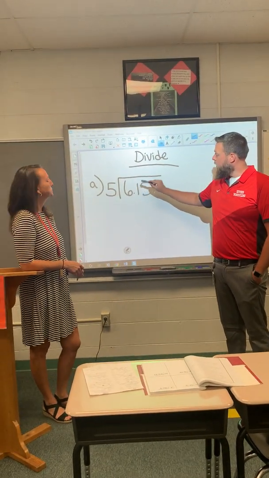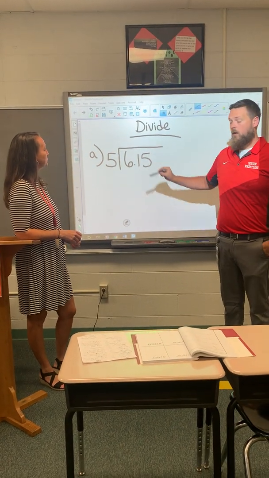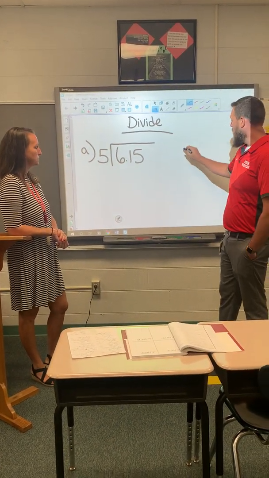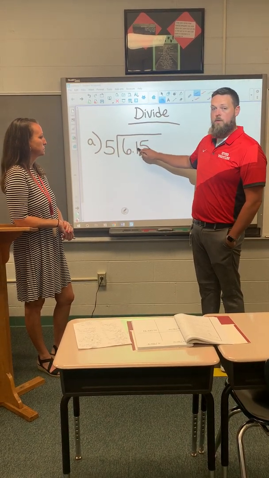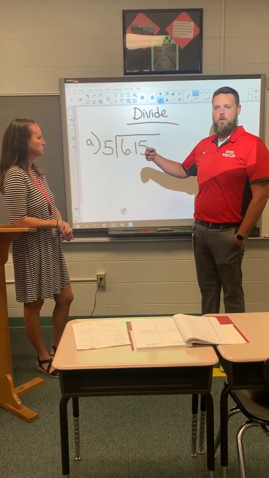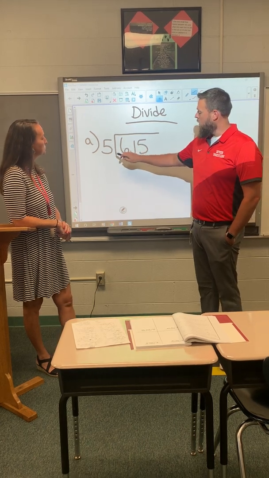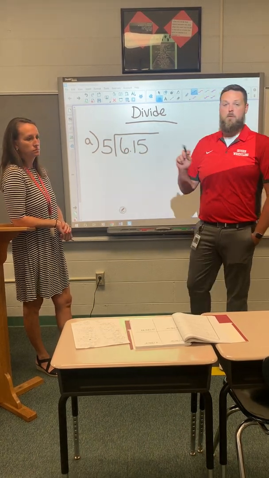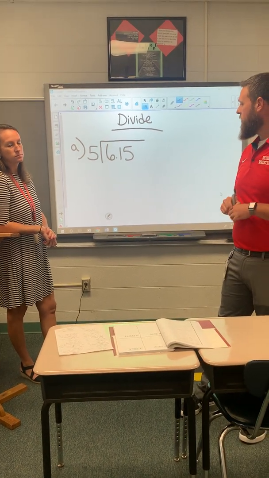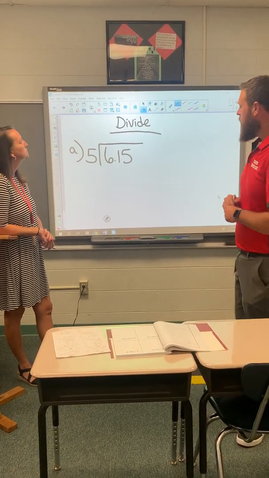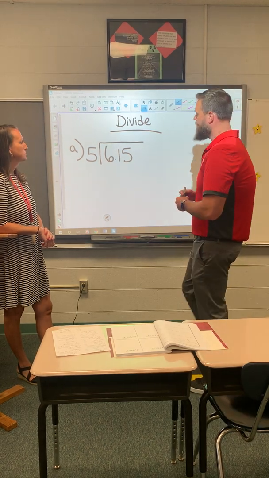This is the easiest way. There's also when the decimal is in the divisor and the dividend's a whole number. We'll get to that tomorrow or the next day. And there's the third way, where there's a decimal in both parts. That's the hardest one, but it's not really that hard. It's just an extra step. So we're going to start off today with the easier one.